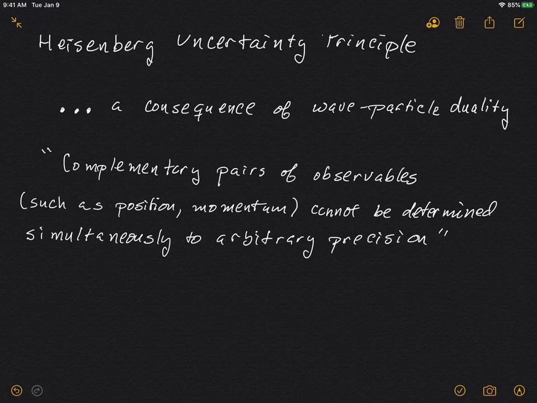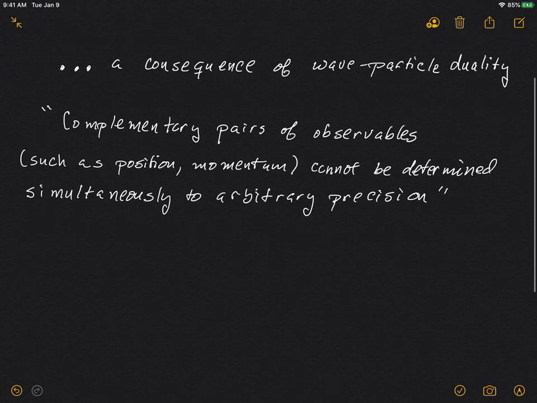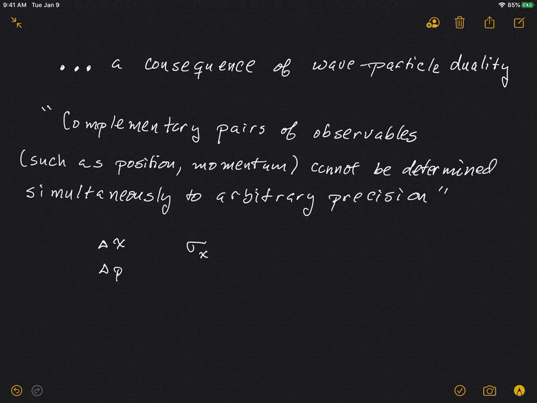But let's first talk about uncertainty. If we have uncertainty in position, we'll call that delta x. We have uncertainty in momentum, we'll call that delta p. We can also refer to it using the standard deviation symbol, sigma x or sigma p.